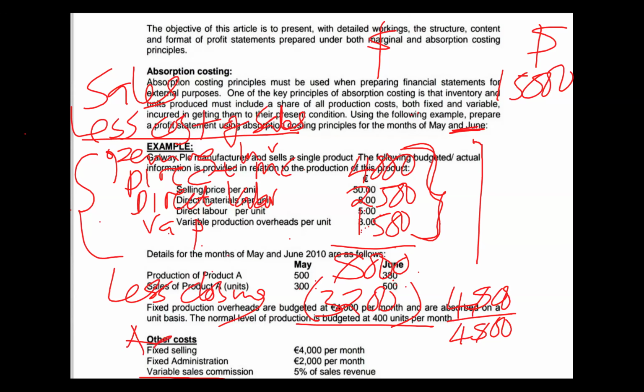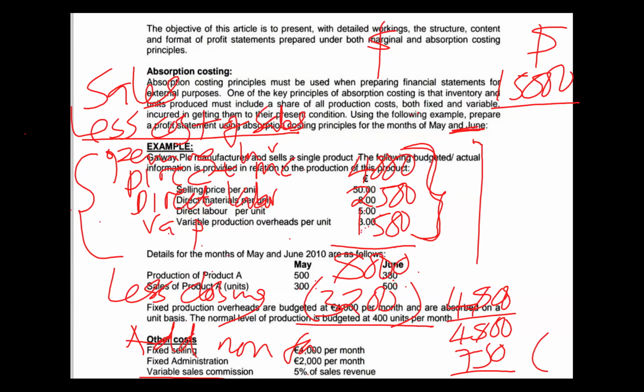So you add non-factory overhead, which is 5% of sales revenue. The question has given that it is 5% of our sales, 15,000. We found 750. Then you add these two.